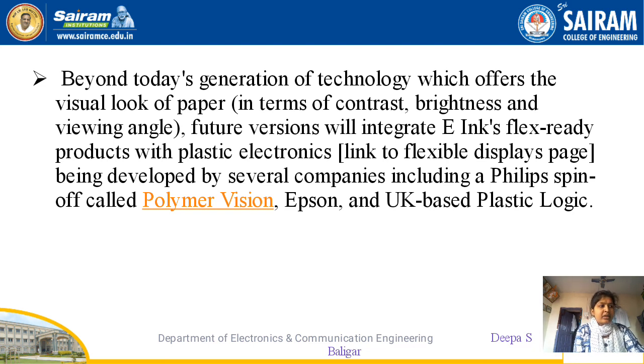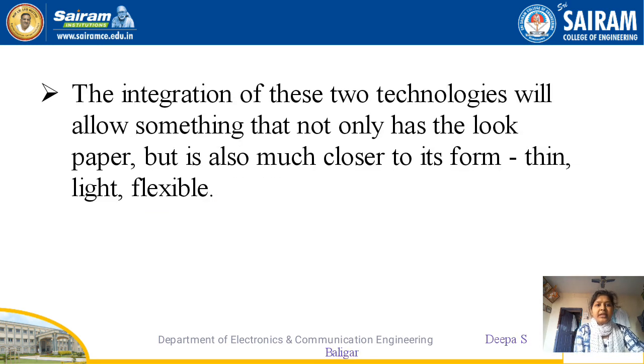In the long run, electronic ink may have a multi-billion dollar impact on the publishing industry, and ultimately electronic ink will permit almost all surfaces to display information, bringing the information of traditional devices into the world around us. The integration of these two technologies will allow something that not only looks like paper but is also much closer to it, thin, light, and flexible.